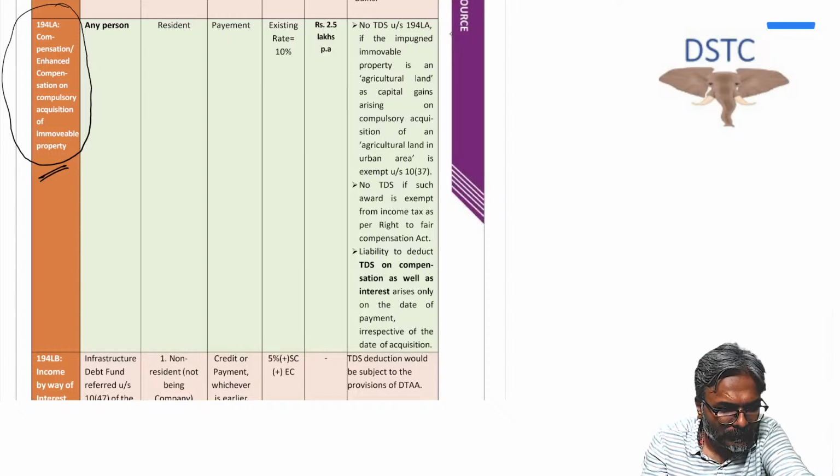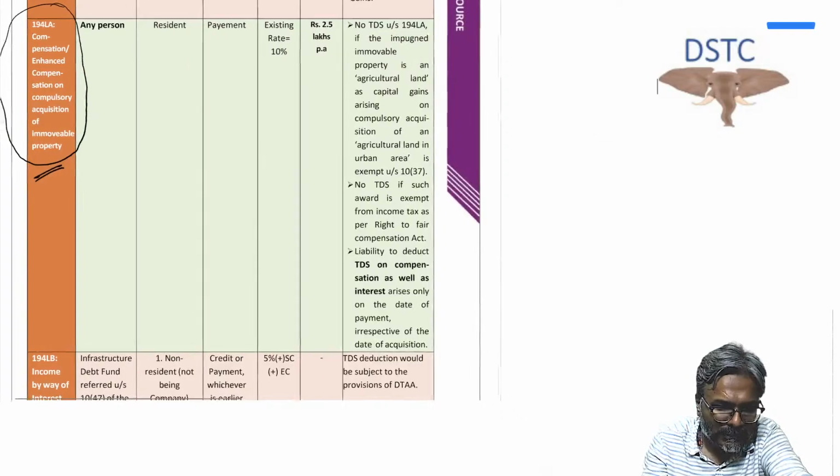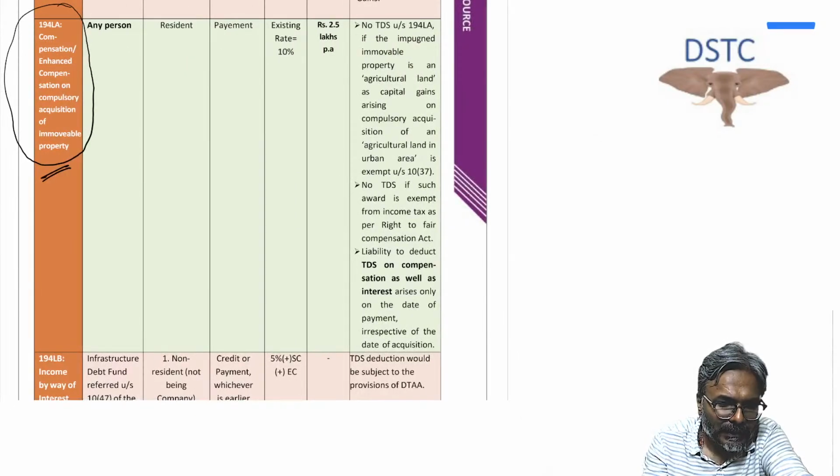Compensation or enhanced compensation on compulsory acquisition of what? Immovable properties. That is the point. Now in that particular case, students, for the compensation or enhanced compensation on compulsory acquisition of immovable property, what exactly is the game? Please be careful, all of you, in this context.